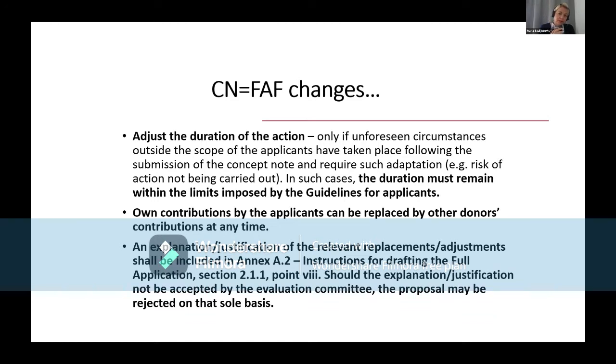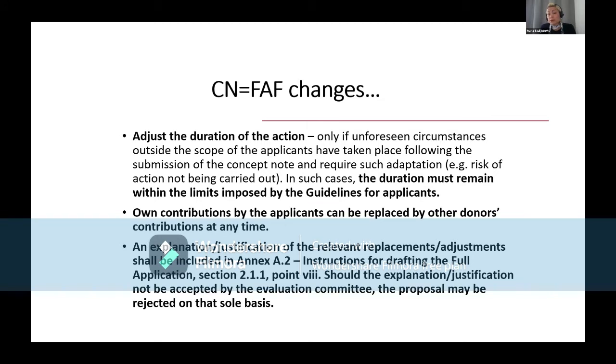As I recommended yesterday, better to envisage a bit more time than exactly what you have calculated for all the activities to be implemented. Take a bit more time, because later on, when you go into more and more detail about your project while preparing the full application and all other relevant documents, such as budget and logical framework, maybe you come to the conclusion that you need more time.